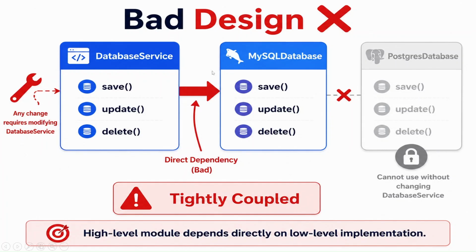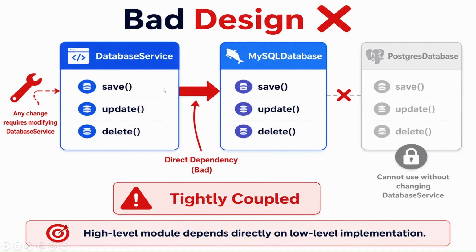If you see this slide, this is the example of bad design. Here, DatabaseService is a high level module, and MySQLDatabase is another class, a low level module.